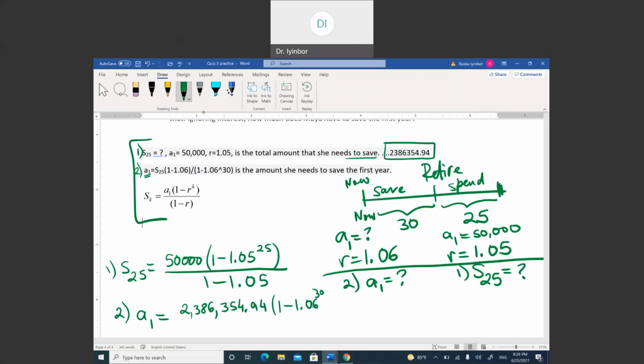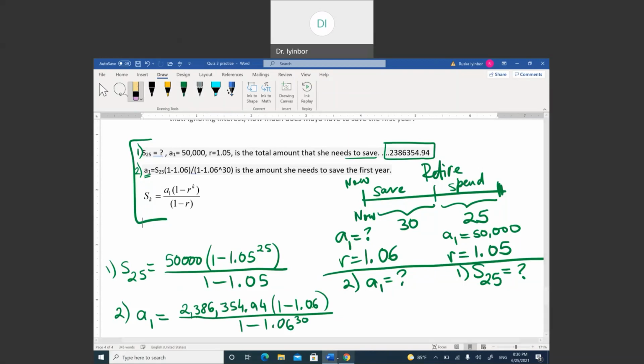I'm sorry, it's backwards because it's divided by. And then over 1 minus 1.06 with exponent 30. So that's what you're going to put in the calculator. And then you're going to get how much she needs to start saving the first year for retirement.